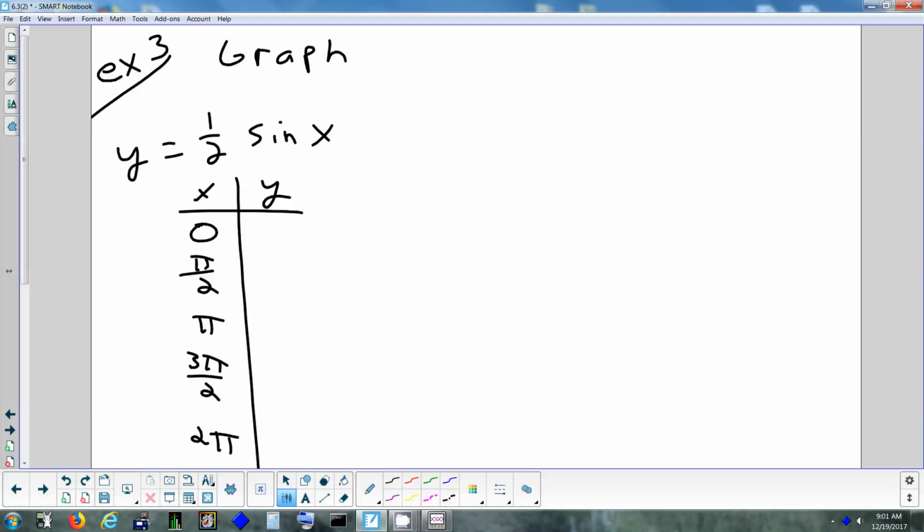Yep, first one's 0. Now my y values for sine, I'm going to take all the originals and multiply them by a half. So half of 0, half of 1, half of 0, half of -1, half of 0. And that's your table.